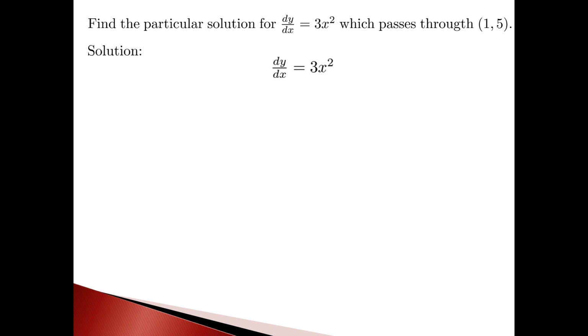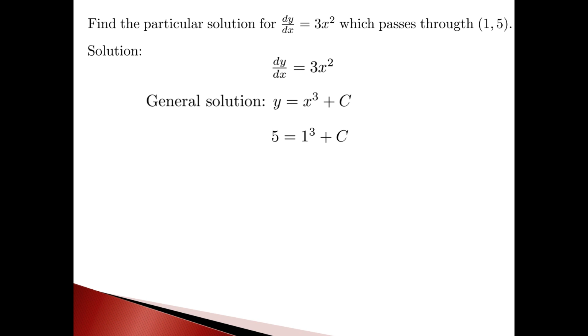In this case, it's simple enough. Our general solution should be x cubed plus c. But then we can figure out what c is, because we want the solution that goes through the point (1, 5). That means that when x is equal to 1, y should be 5.